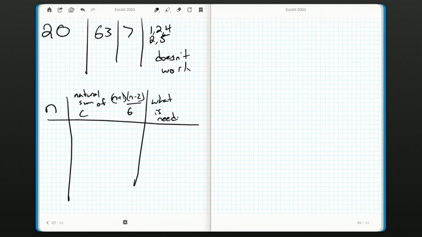What is needed? So that'll be this sum minus the n times n plus 1 over 6. And that'll always be the difference between those two is going to be 2 over 6. That doesn't seem right. Something's wrong.